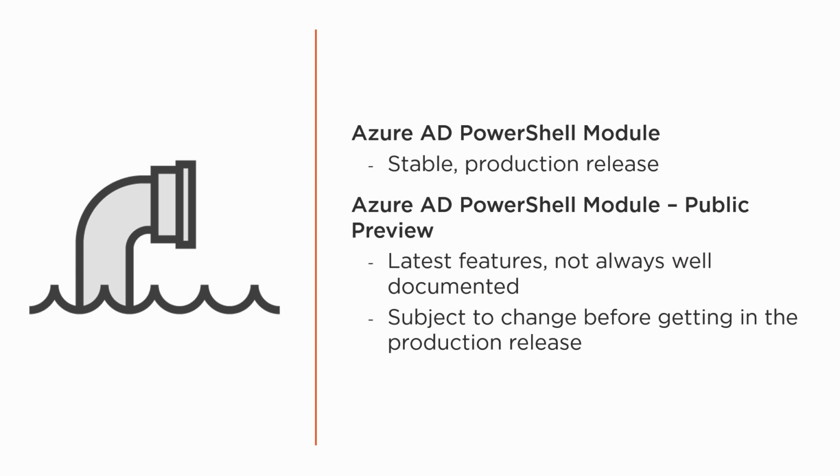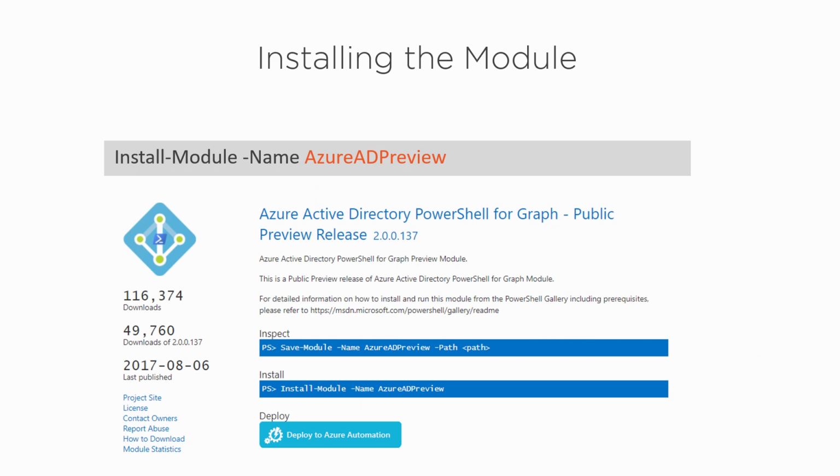If you ever want to play with the preview module or there's functionality in there that you need that's not in the stable one, the module name is Azure AD Preview. So you either don't install the stable one or you remove it and you run Install-Module with the name Azure AD Preview and you're ready to go.